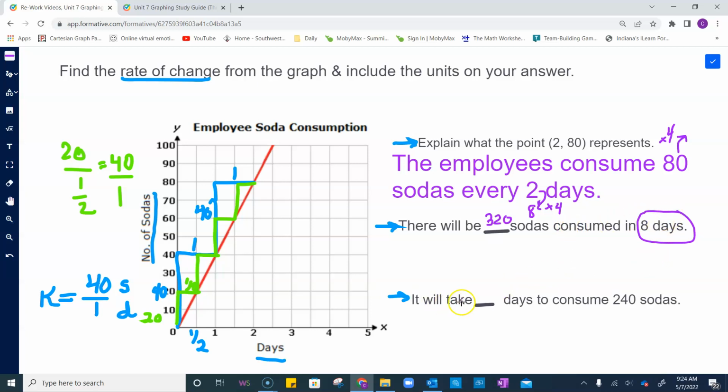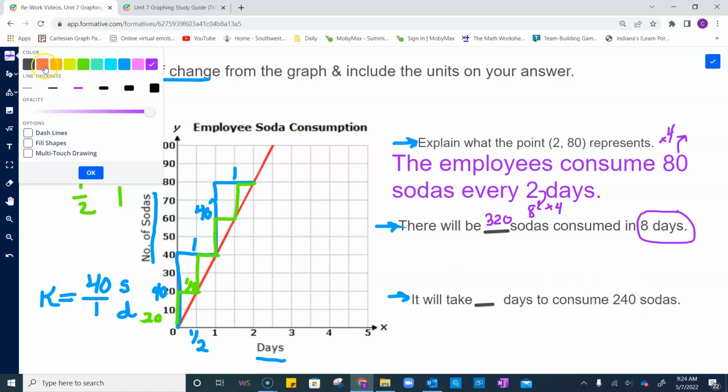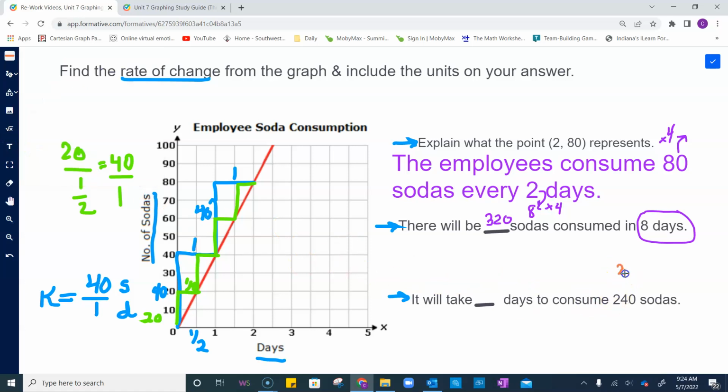Okay, and then how long will it take them to consume 240 sodas? Well, go back up to the relationship here. I'm going to rewrite it: we have 2 days for every 80 sodas. And we're saying we're going to change that 80 to 240. To go from 80 to 240, I have to multiply by 3.